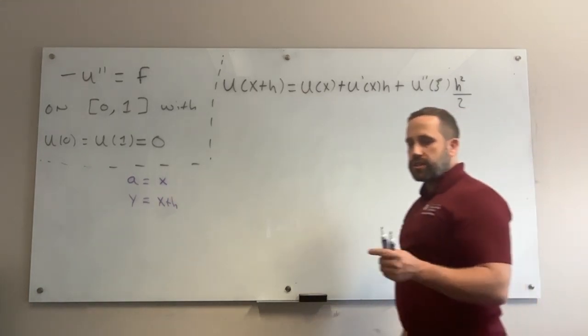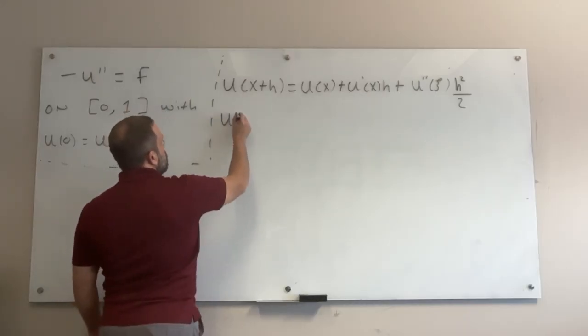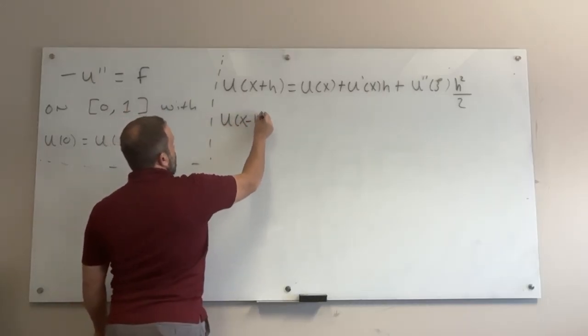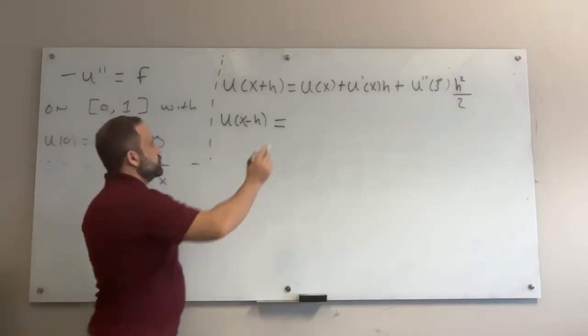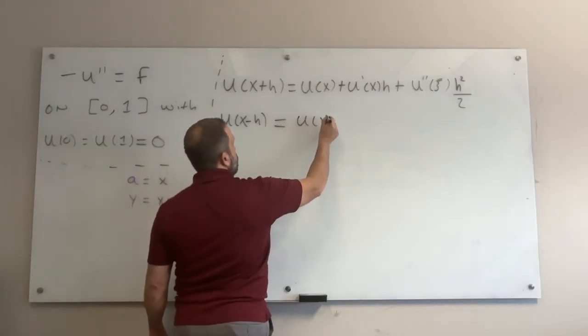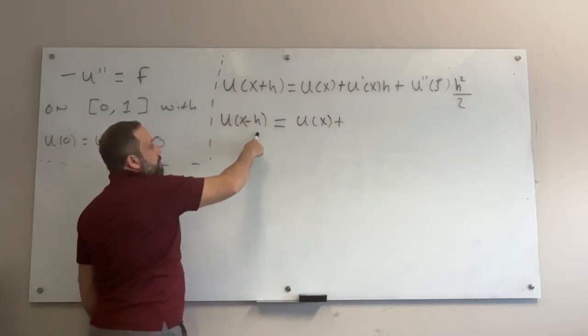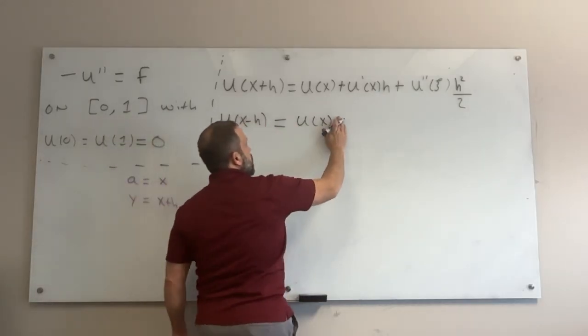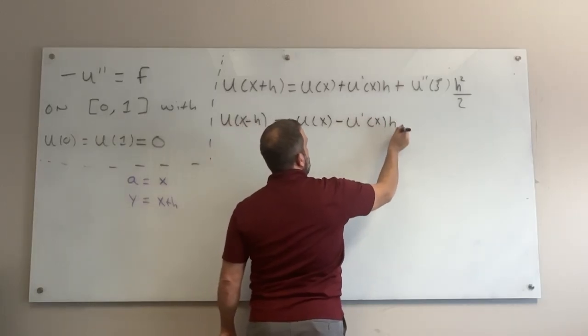Okay, now notice something that we can do here. We can also look at u of x minus h. Now when we look at u of x minus h, how are things going to change? Well, we're still going to have u of x. But that h now is not going to be h, it's going to be minus h. So this is going to be minus u prime of x times h.